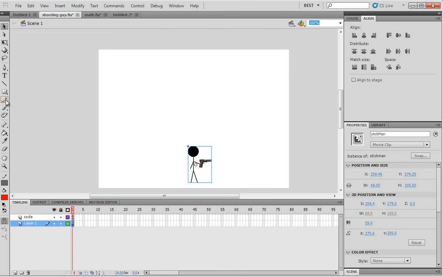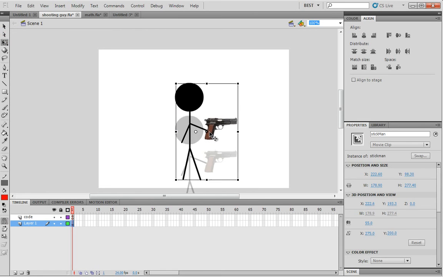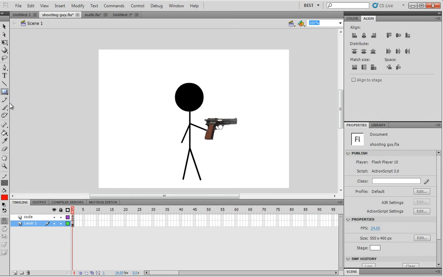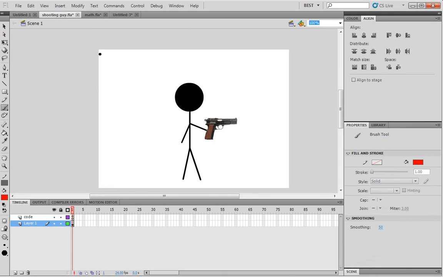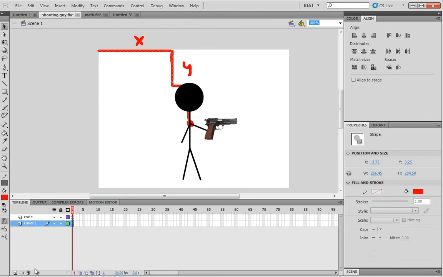I will just draw it right here so you can fully understand it. I have my guy. Those are the stickman coordinates, this and this, x and y of the stickman. But I want to go there, so I have to add this and this.